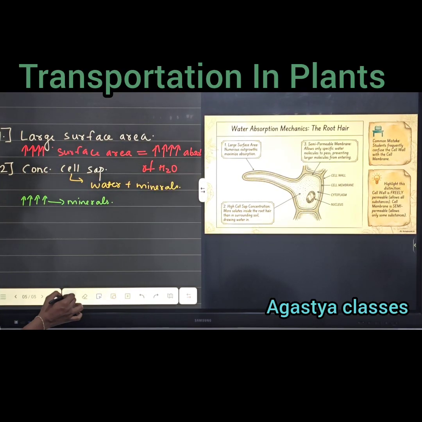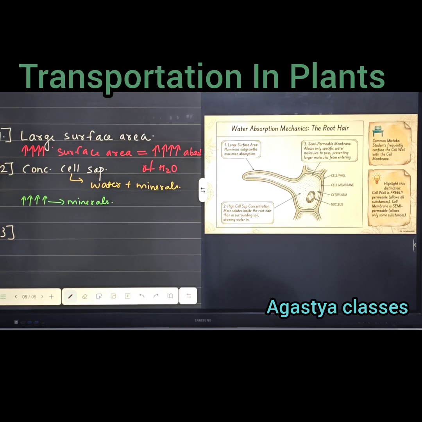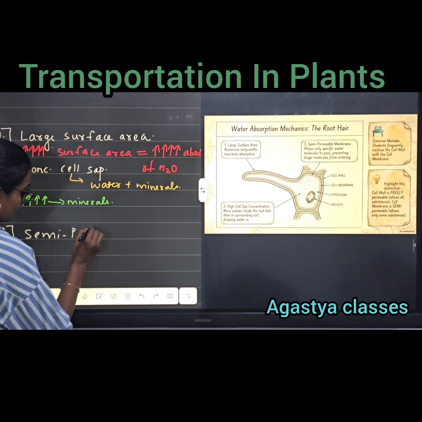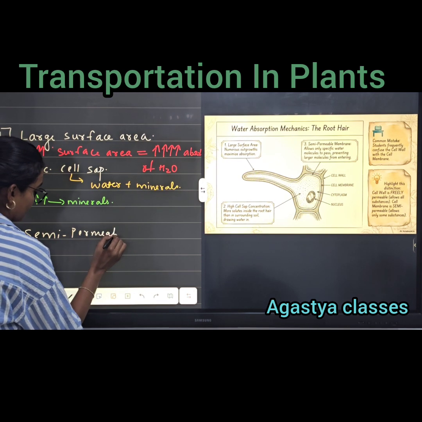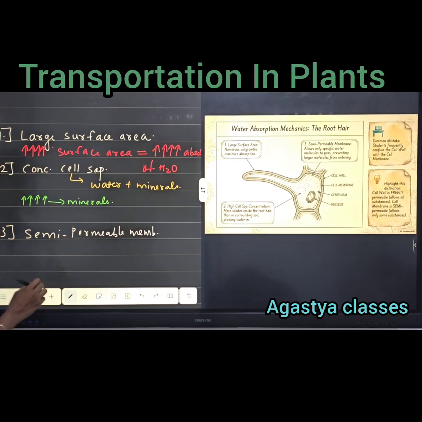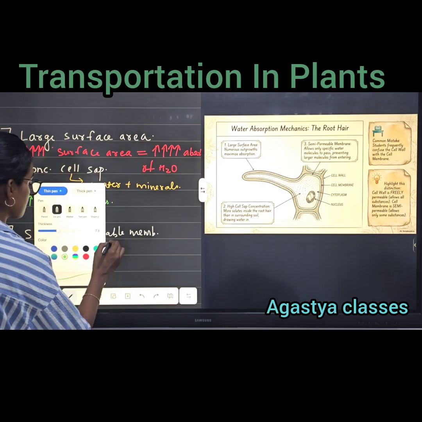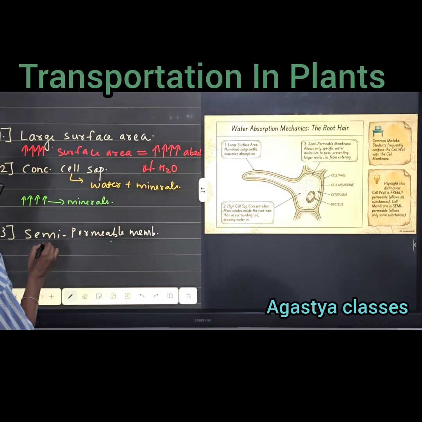Third point, the third very important point is semi-permeable membrane. A semi-permeable membrane is a membrane which allows certain substances to pass through it.